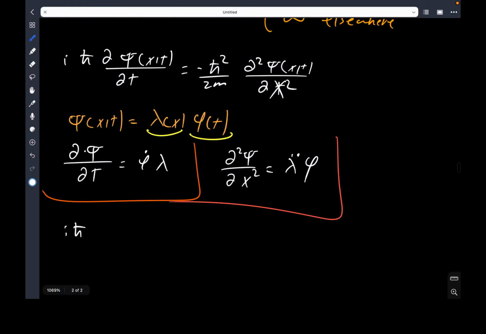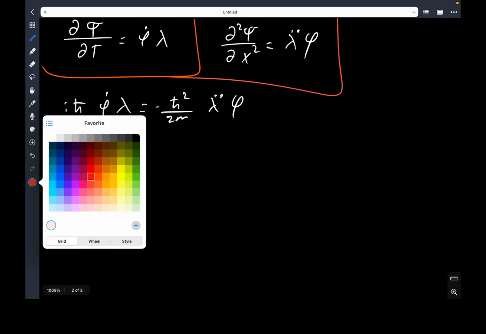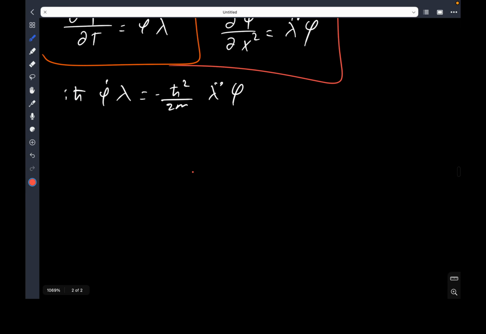So i h bar phi dot lambda is equal to negative h bar squared over 2m lambda double dot phi. Now I'm gonna divide both sides by lambda phi.